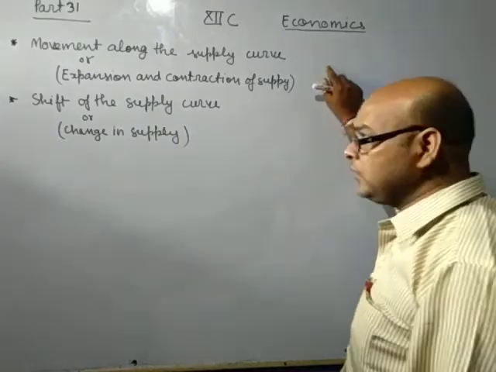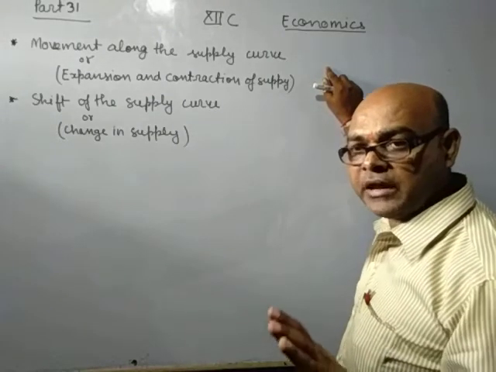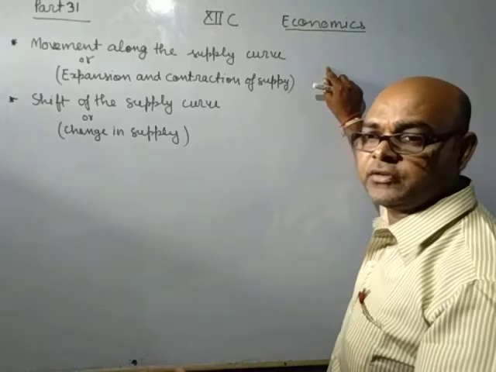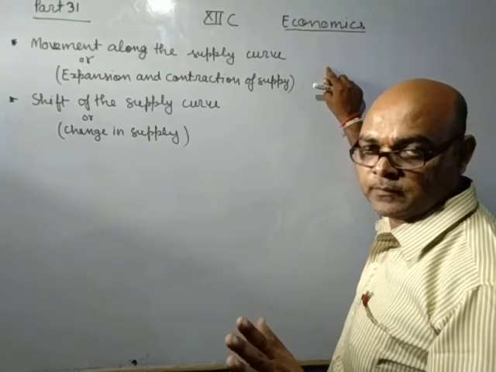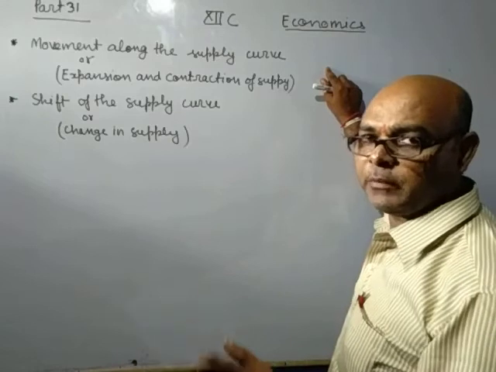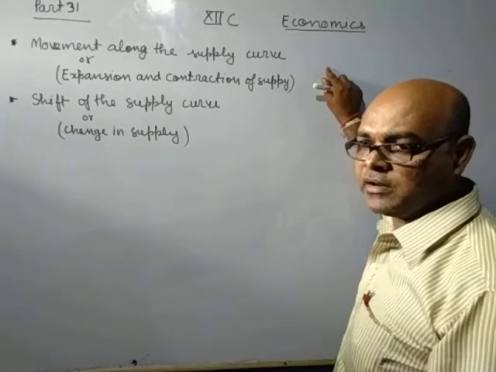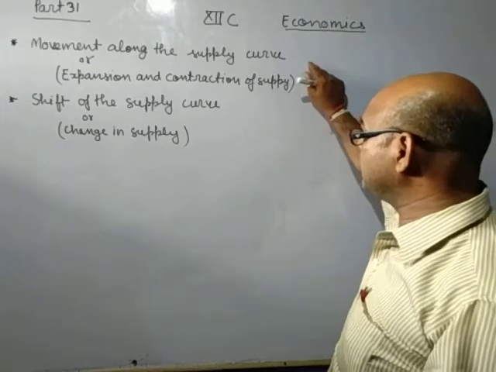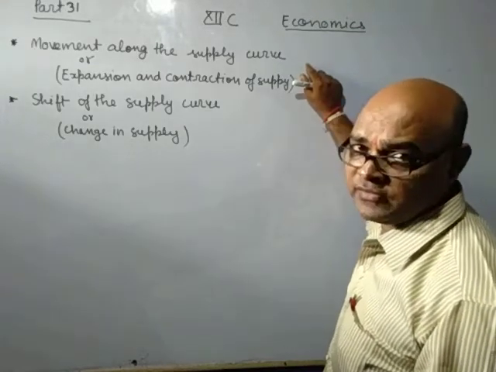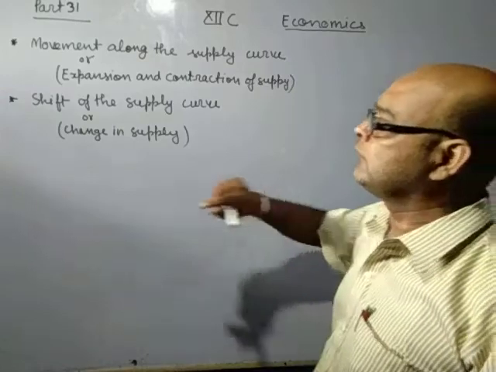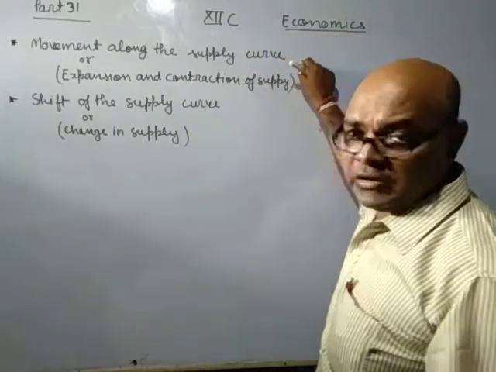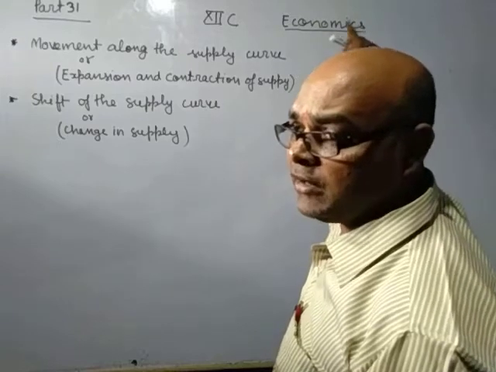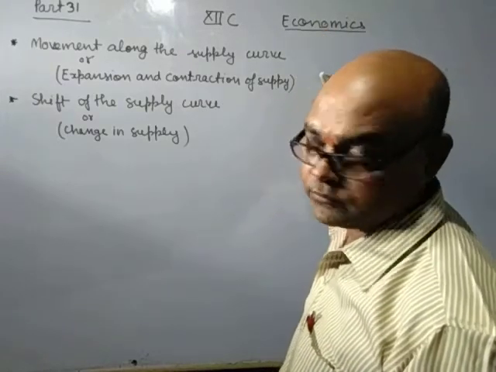Here, the price of the own commodity changes: price increases, supply increases; price decreases, supply decreases. But here other factors remain the same. Here there will be only one supply curve. On the same supply curve, it will increase or decrease.